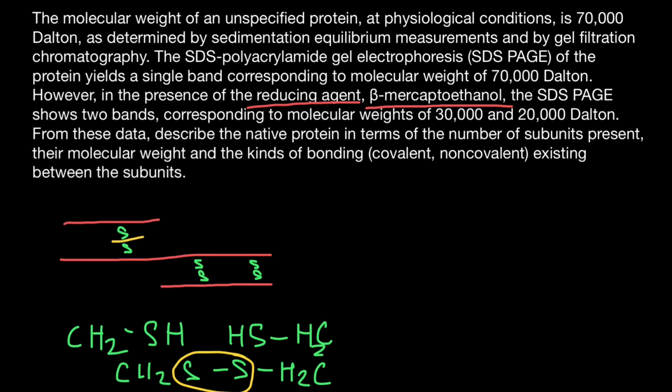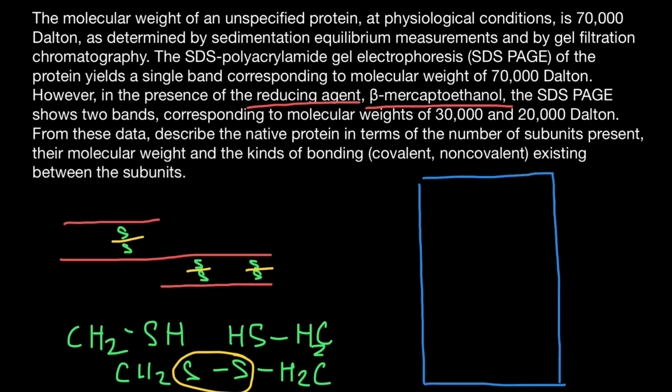And what we are going to see, imagine that we now run a gel and we load our sample here in the well, and when we apply electrical current, these 3 polypeptide chains would move according to their size, according to their molecular weight.